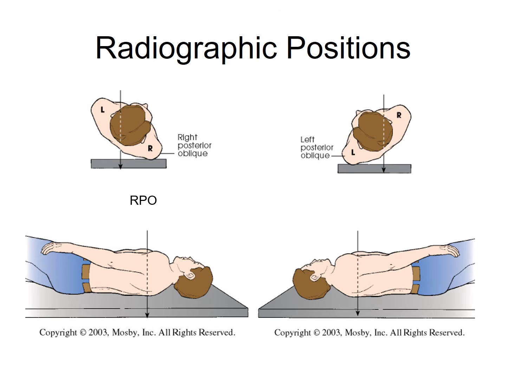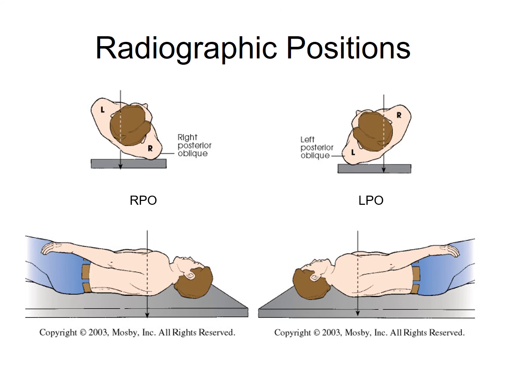Take a look at this. Which side is closest to the table? The left. Is the anterior or posterior side closest to the table? The back or posterior side. Is the patient lying flat? No, they're turned, so they're oblique. So this is the LPO position. What projection?